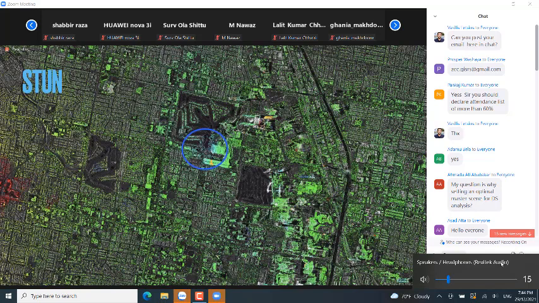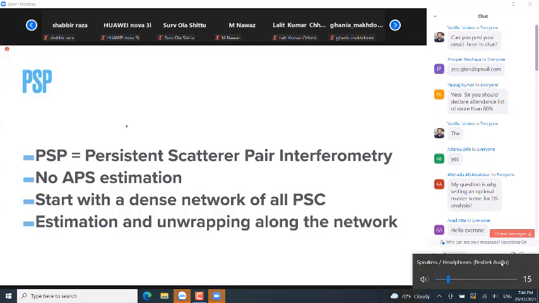Then we have PSP, which is the persistent scatterer pair interferometry. Again, it is my understanding of PSP that it also has no APS estimation, but we are starting with a dense network of all PS points already. So in PS-InSAR and in STAN, we are starting with a sparse network.